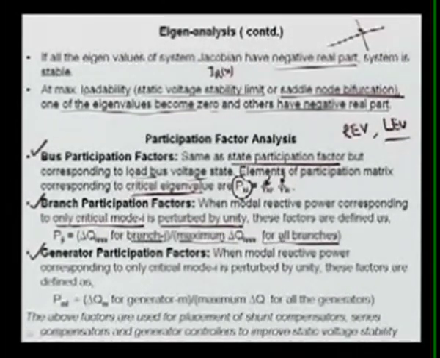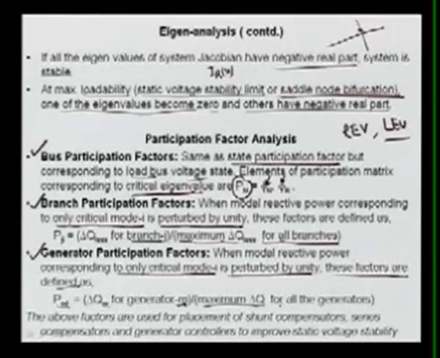Similarly, the generator participation factor, when the modal reactive power corresponding to only critical mode i is perturbed by unity, is defined as P_mi, equal to the change in reactive power generation of the mth generator divided by the maximum reactive power change for all the generators.